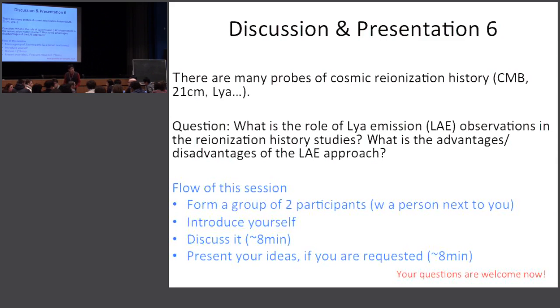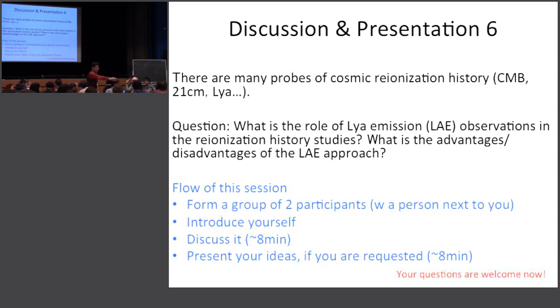We can find out at which redshift it ended, but can we probe when it started? We don't have many Lyman-alpha emitters at very high redshifts. So basically we can use Lyman-alpha emitters only to constrain the low-redshift end of reionization, not the very beginning.